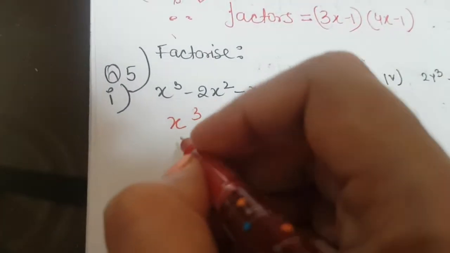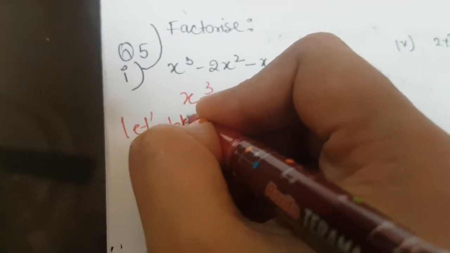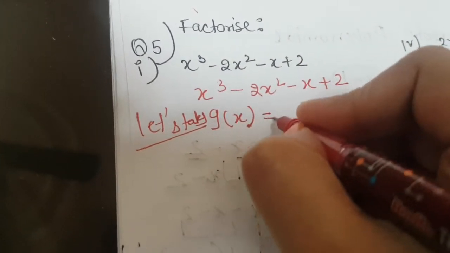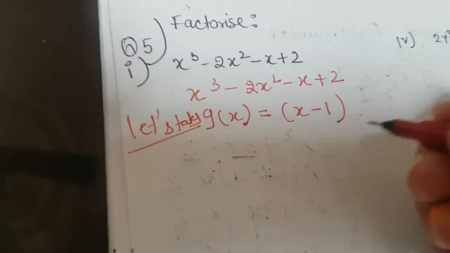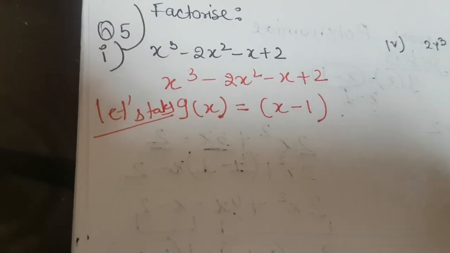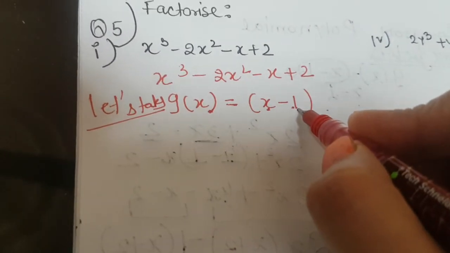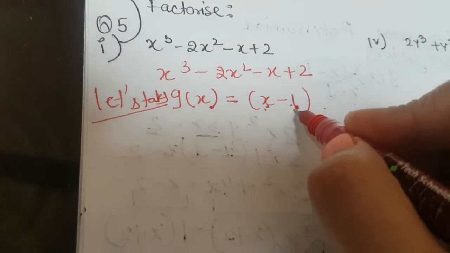Okay, so I told you that the first factor you assume yourself. So let's take gx as x minus 1. You can take x plus 1 also, or x plus 2 also, it's your wish. So x minus 1 or x plus 1, you can take any of these. So I am taking x minus 1.